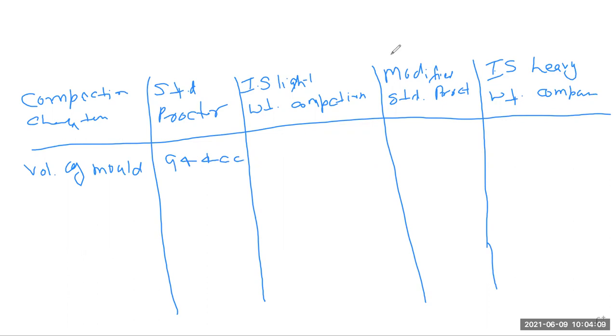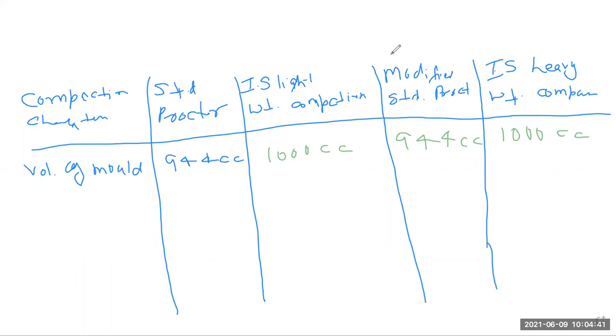For Indian standard, 1000 cc. For modified standard Proctor test, it is also 944 cc. For Indian standard heavy compaction, it is also 1000 cc. This is the volume of the cylindrical mold used for the compaction test.